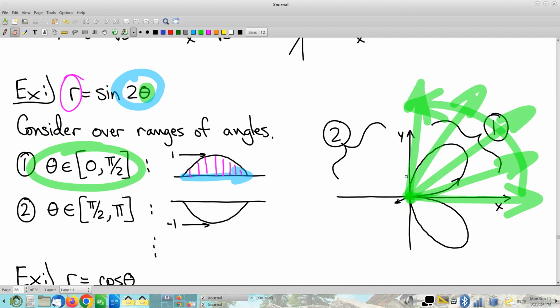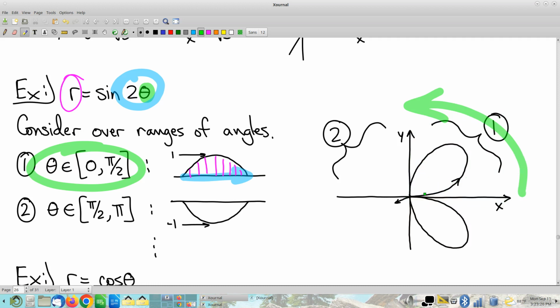In those directions, I'm moving outward from the origin as indicated by these values of r. So as my direction turns, I'm moving outward first by 0, then by small amounts, then increasingly, and then all the way out to 1, and then decreasing, and then all the way down to 0.